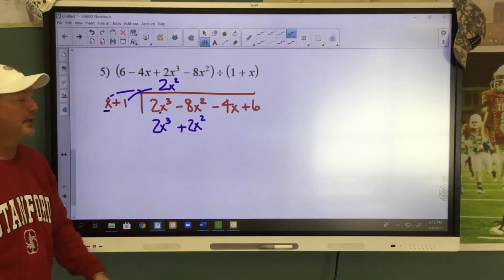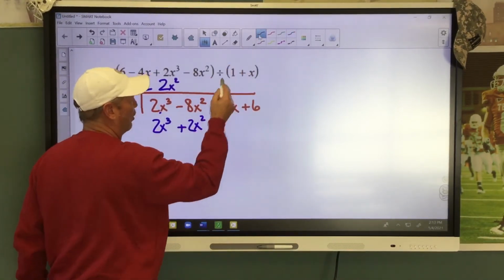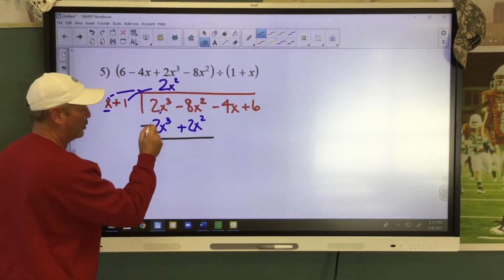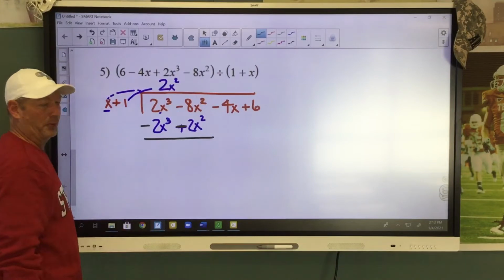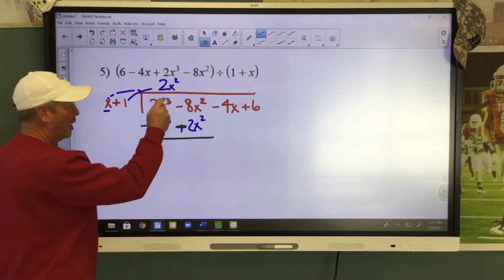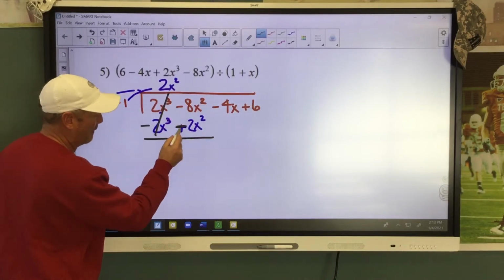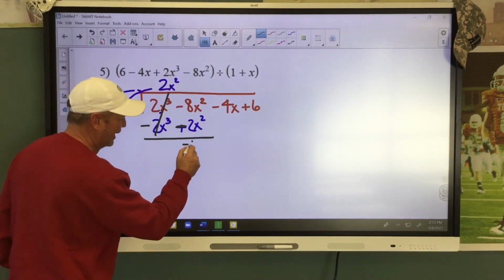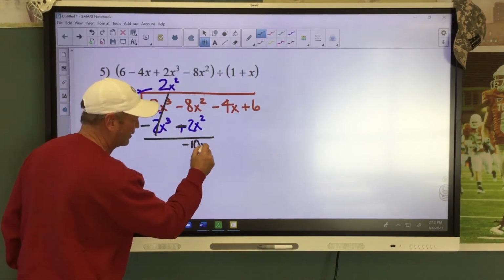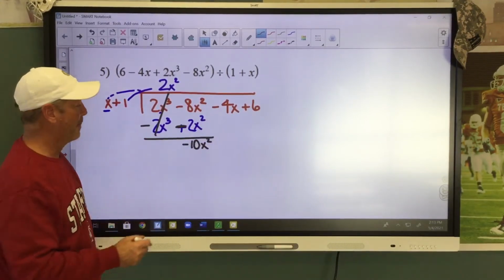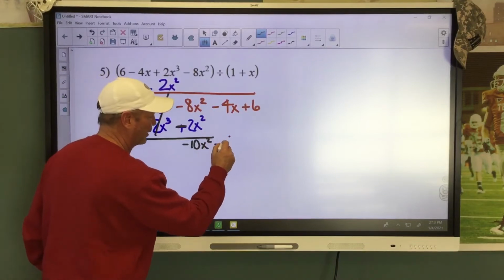We're through multiplying. So what are we going to do when we get through multiplying? We're going to draw a line. We're going to change both signs. Change them both. First column will cancel. Negative 8 minus 2 is a negative 10x squared. Bring down your next term. Minus 4x.